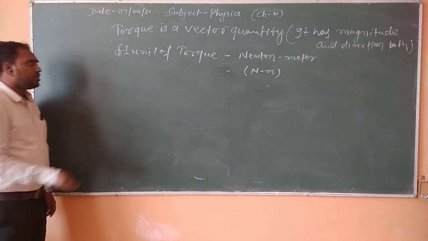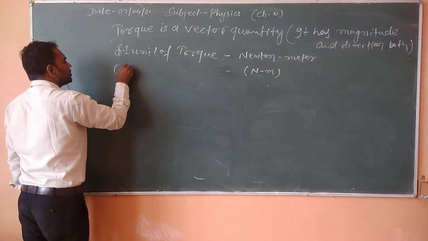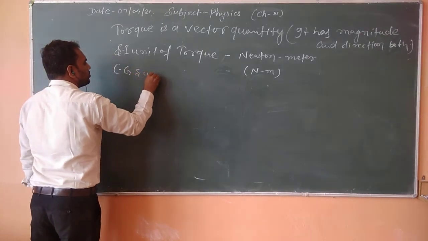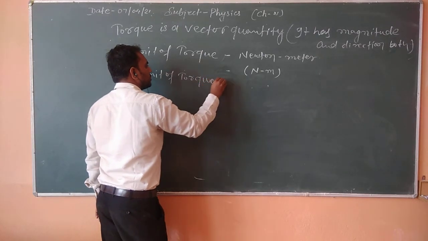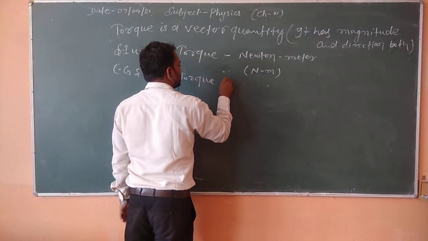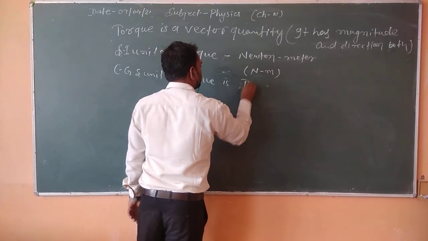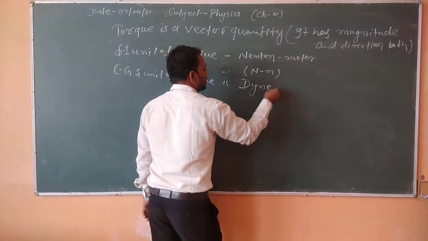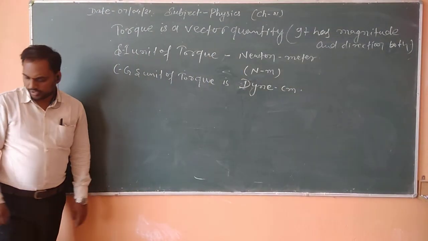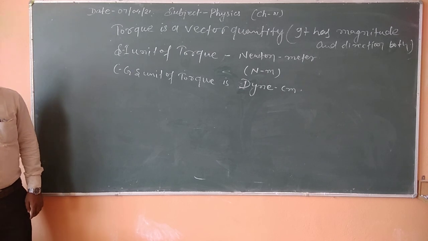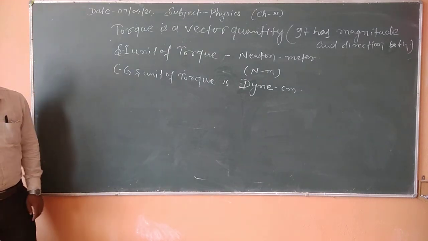The CGS unit of torque is dyne centimeter. So come to the point: gravitational unit.